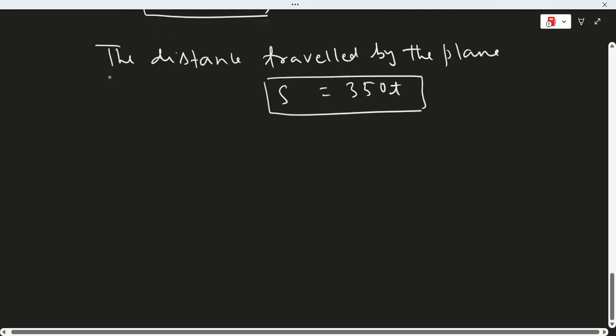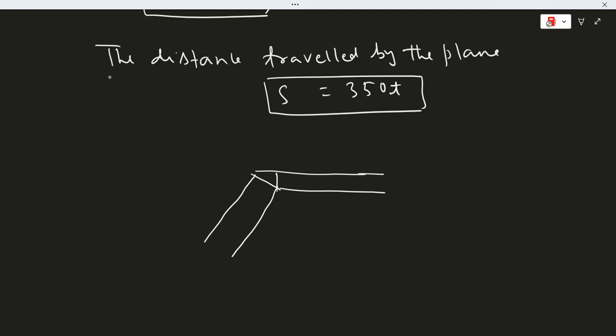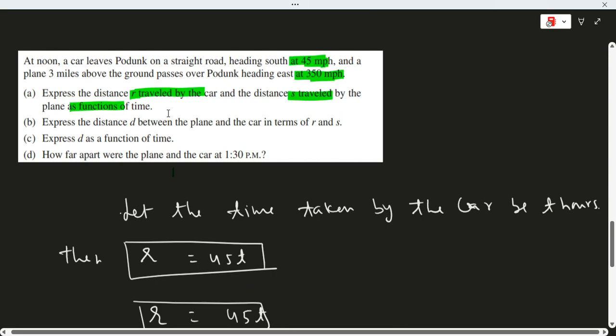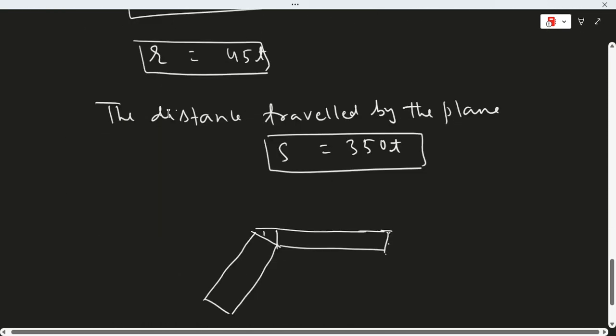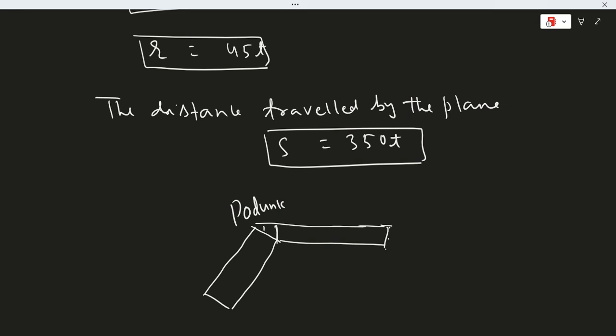So here is the city Podunk, and the plane is 3 miles above the ground.